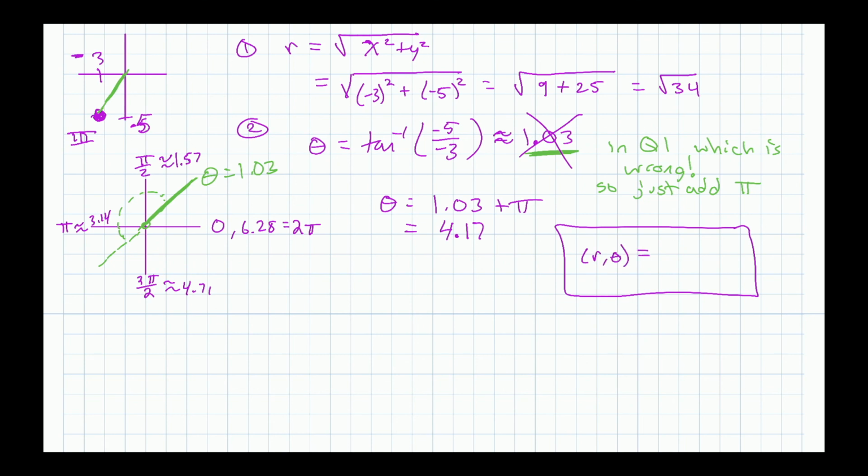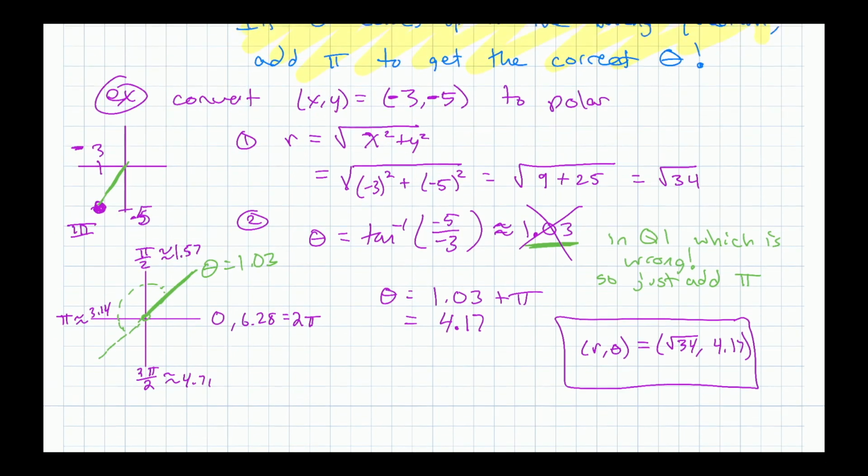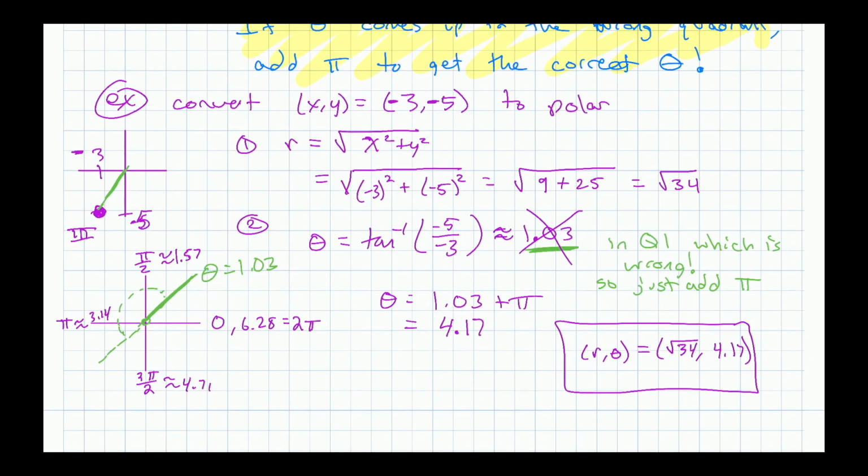My coordinates in r and theta are square root 34 and 4.17. And I could have got a decimal answer for that square root 34. I just did not. Okay, so hopefully that makes sense. You can see that it is harder to go in that direction. XY to r theta is harder than r theta to xy. That's just how it is.